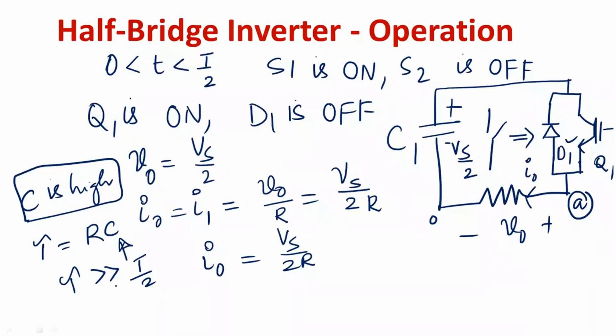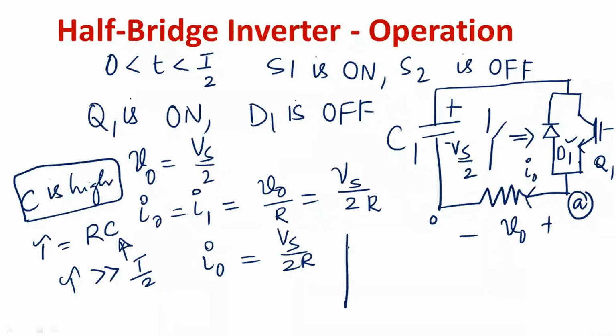Because of that, the capacitor voltage remains at a constant value. A constant magnitude of voltage applied across a resistance results in a constant magnitude of current flowing through it.